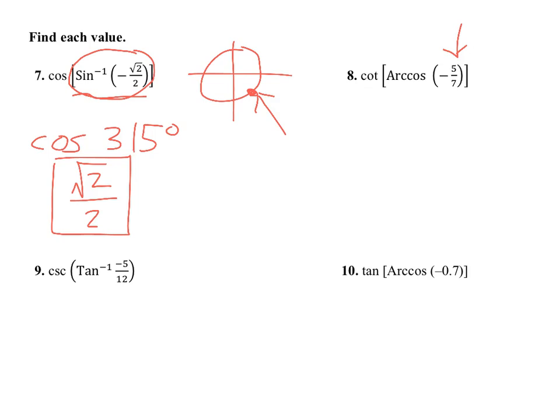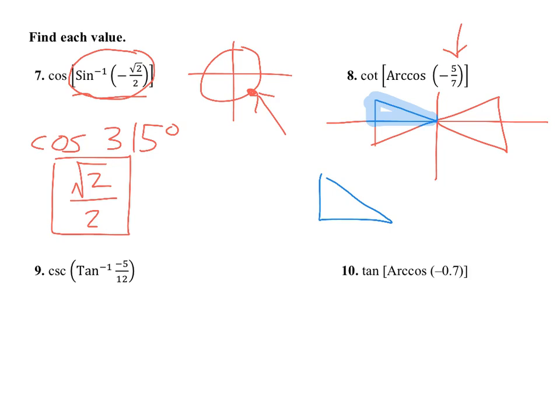If you recall the bow tie rule, in quadrant 2, you draw the triangle like this. Alright, so I have this quadrant 2 angle.